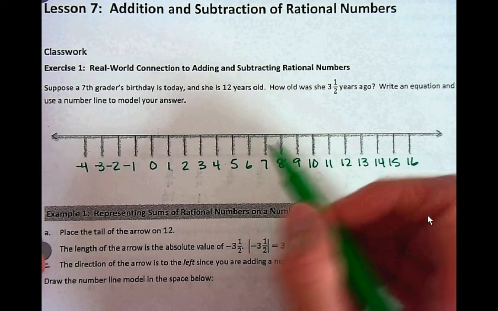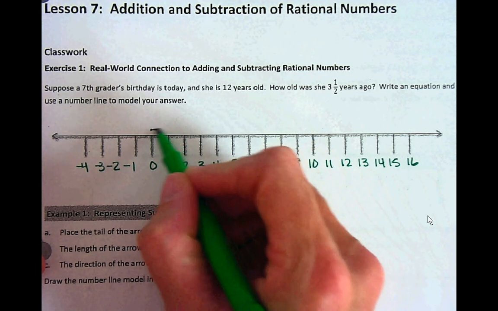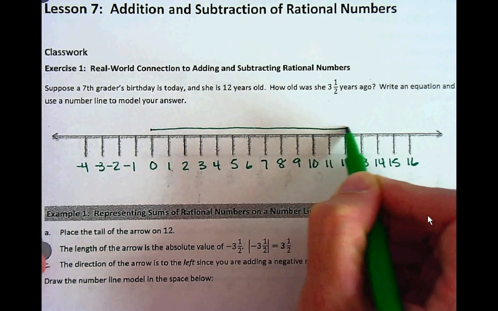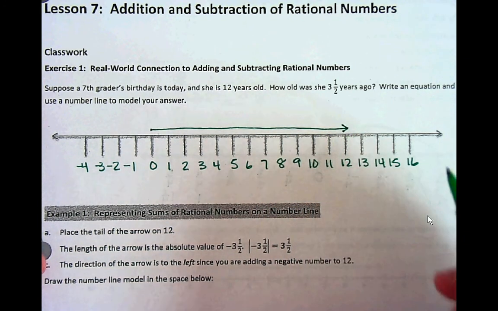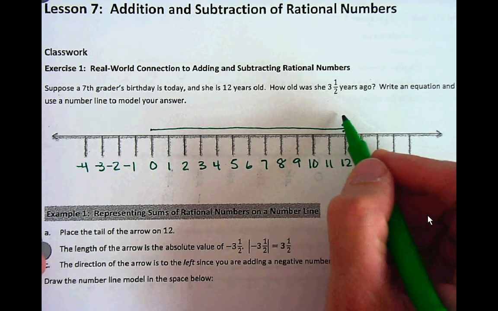So if we have 12 years old, then what we would do is start from 0 and draw our number line to 12. And then if it was 3.5 years ago, that means we would be going backwards because that would give the impression of subtraction.